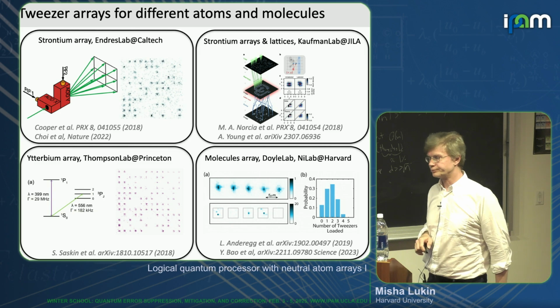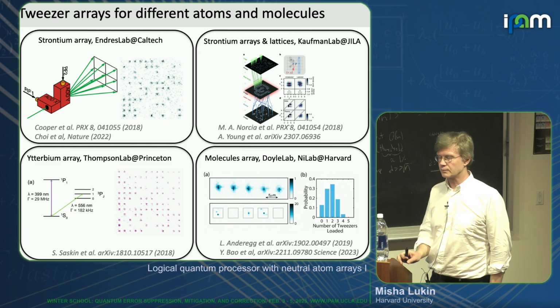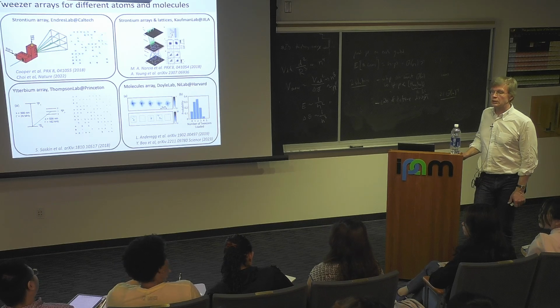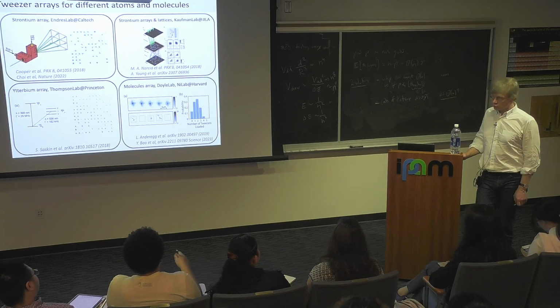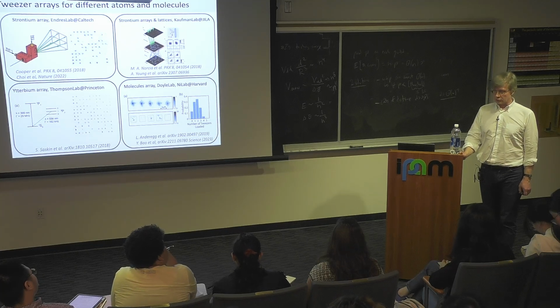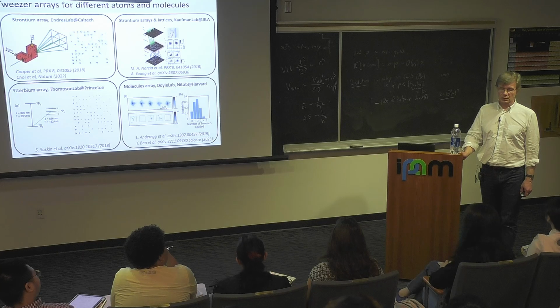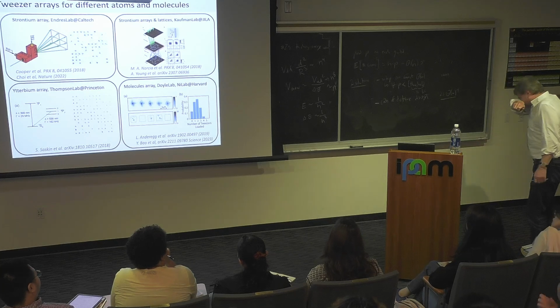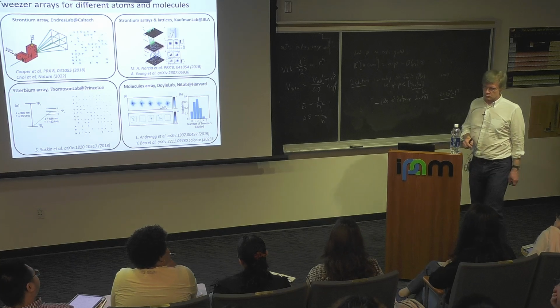Can you also make 3D arrays out of neutral atoms, or is that only 2D? Yes, it's also a truly excellent question. In principle, you can make 3D arrays, and for some applications this can actually be useful.